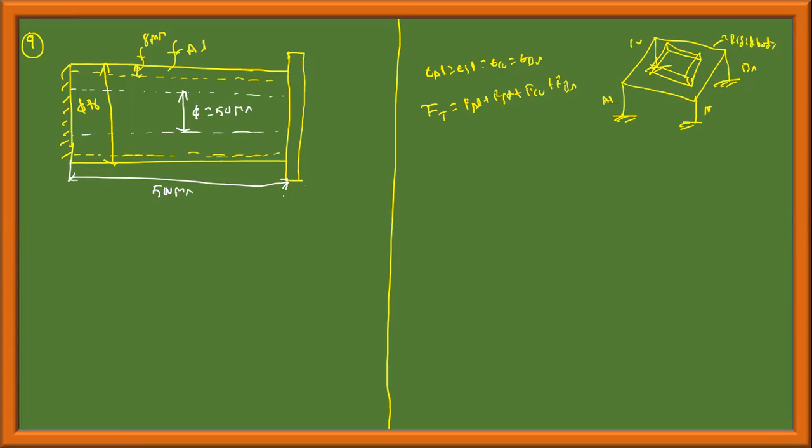Now, determine the maximum torque which may be applied to the disc. T max is equal to how much? The allowable shear stresses are 120 MPa in steel and 70 MPa in aluminum.